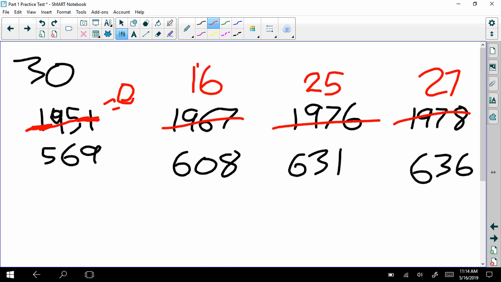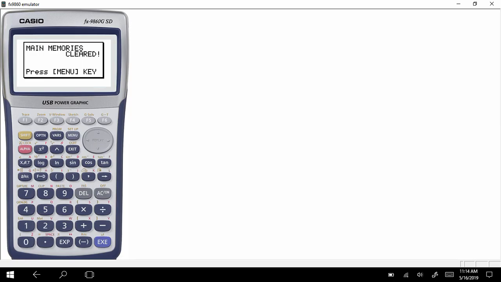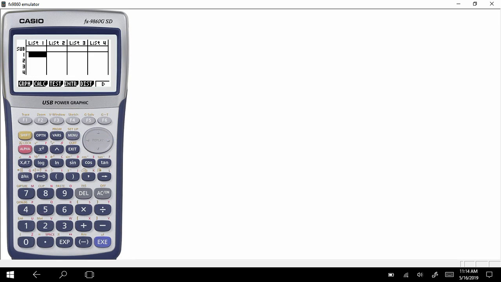Now we're going to pull out our calculator. We're going to enter this data. Go to stat. And we type in the data. So we're typing in x's are 0, 16, 25, and 27.